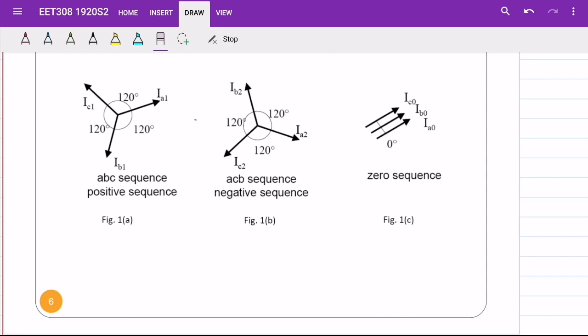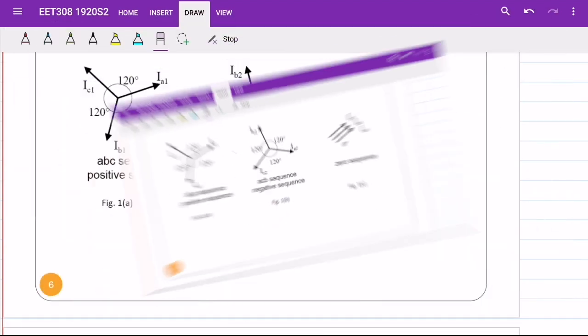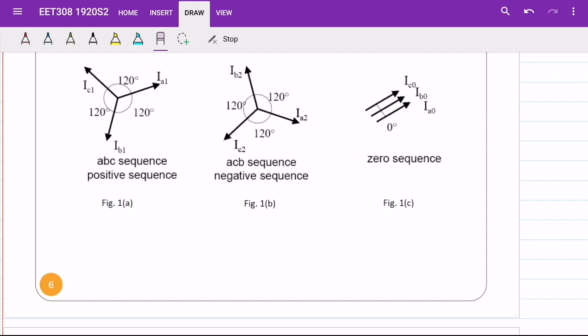Now, let's analyze the phasor diagrams of negative sequence. How do we write the symmetrical component currents for negative sequence IA2, IB2, and IC2? From figure 1b, the negative sequence phasor diagram, we can see that the sequence of symmetrical component currents is different compared to the positive sequence.